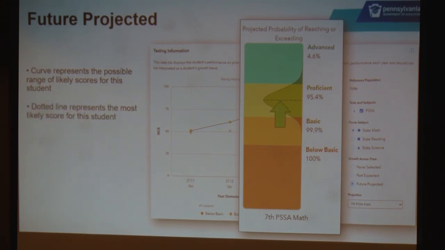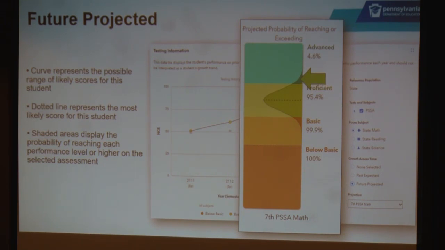The dotted line represents the most likely score for the student. The shaded areas display the probability for each indicator: basic, below basic, proficient, advanced. And you also have the probabilities for each written in number form to the right.